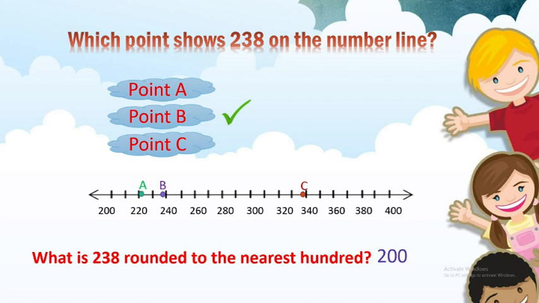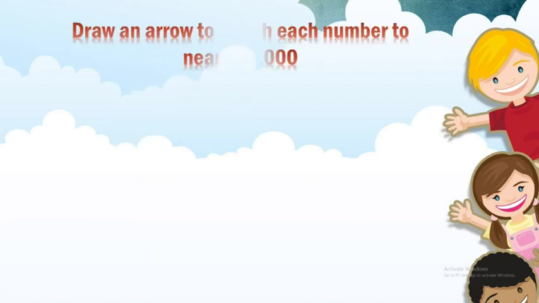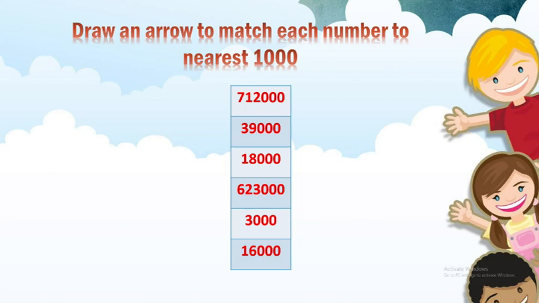Okay, students, this is the last question. Draw an arrow to match each number to the nearest 1000. You have seen the numbers. These are the answers. Look, now I am going to show the numbers. Look at the first one, 2,945.